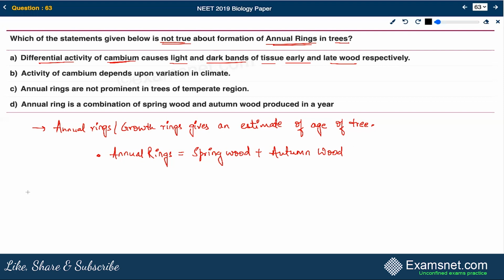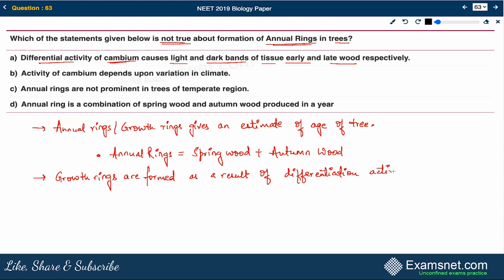So this is a correct statement that growth rings or annual rings are formed as a result of differentiation activity of cambium. This is actually a true statement. All right.